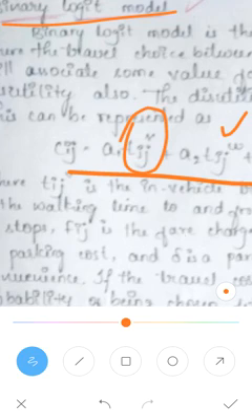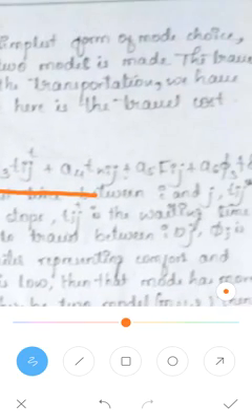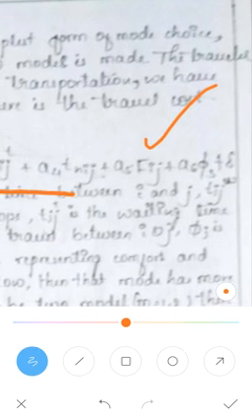Next is fij, which is the fare charge for traveling between zone i and zone j. Next is phi j, which is the parking cost.